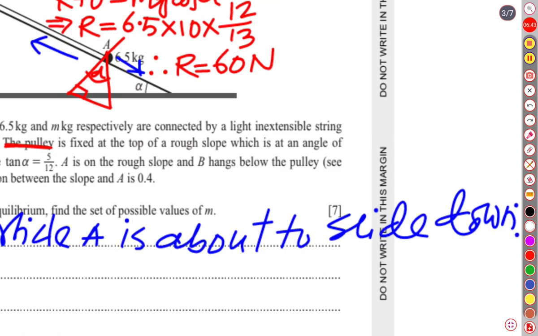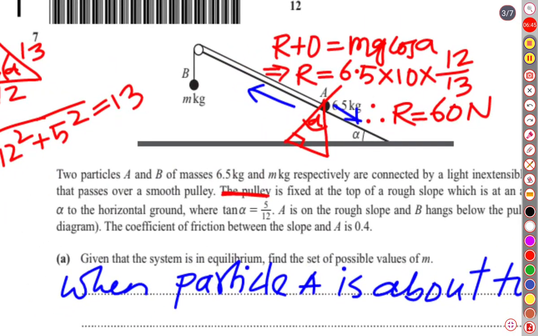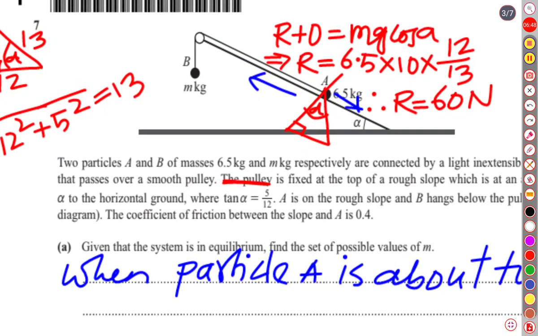When the particle is about to slide down, what happens here? When the particle slides down on the rough surface of the plane, then what are the forces? Because we are going to apply the motion law of Newton. So let us see which force is causing the particle to move down. There is no force except weight. Only weight is causing particle A to move down.